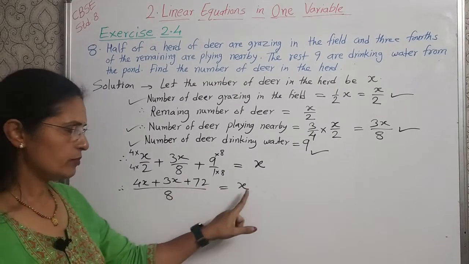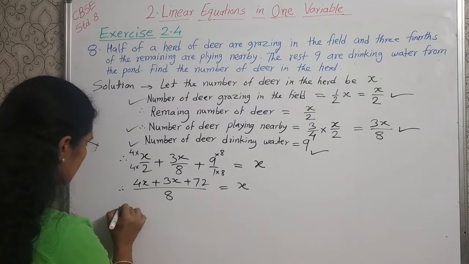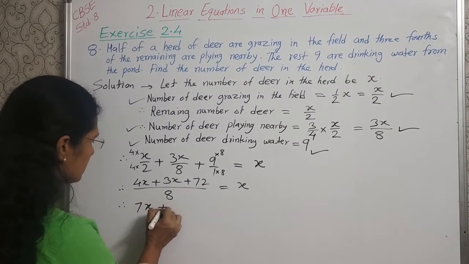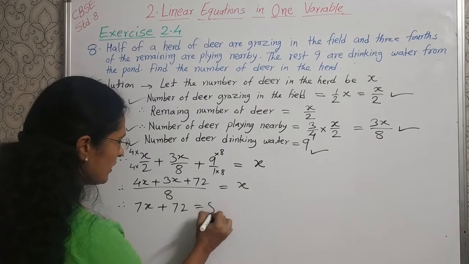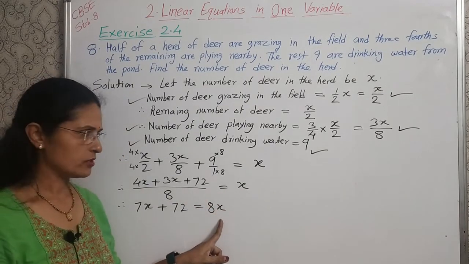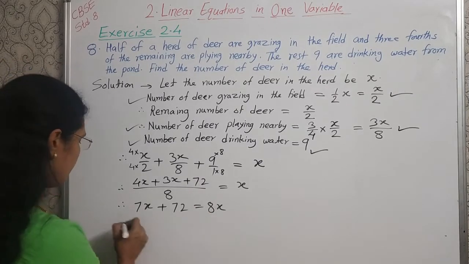Now this 8 will be shifted here and it will multiply with x. Here 4x plus 3x will become 7x plus 72 is equal to, this 8 will multiply here and it will become 8x. Now we'll shift this 7x here and it will subtract.